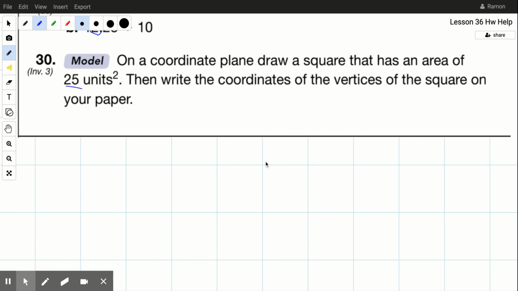And it has to be a square, so all the sides have to be the same length. Once you figure out what your points are, just write down those points in your shown work. Or you could take a picture or a screenshot of the coordinate plane that you used, with the points labeled, and then just upload it.